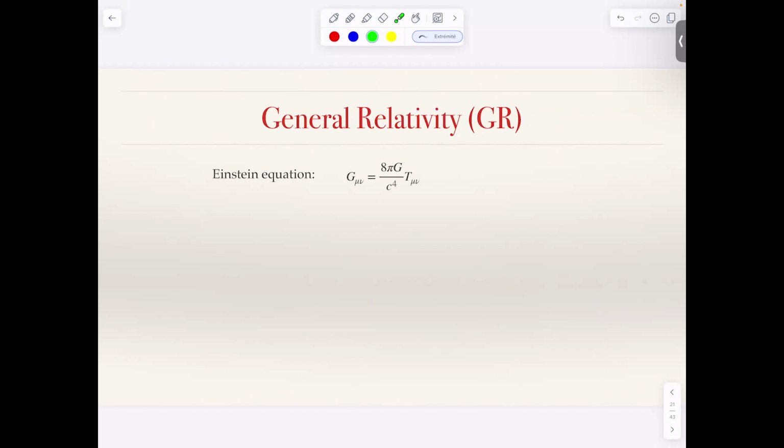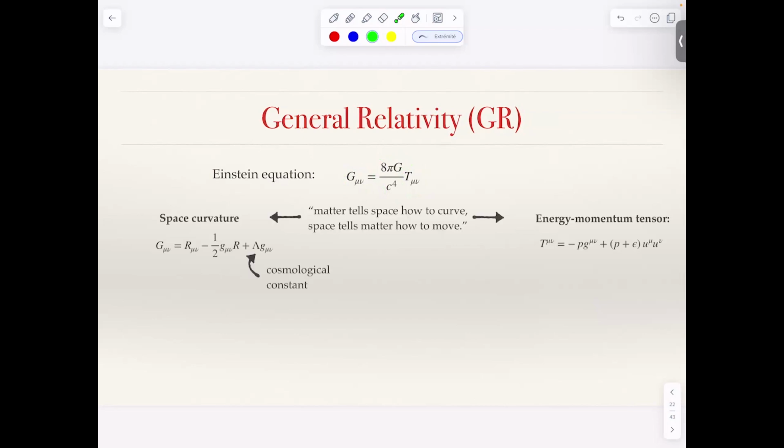You have the Einstein tensor G mu nu, and you have the energy-momentum tensor T mu nu. In between you have this constant, and the Einstein equation relates the G mu nu to the energy-momentum tensor.